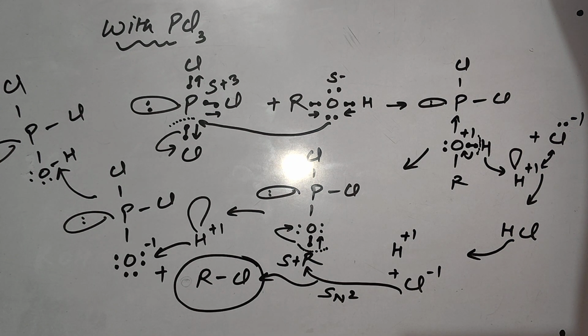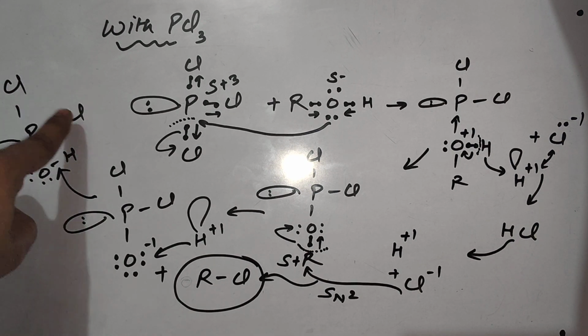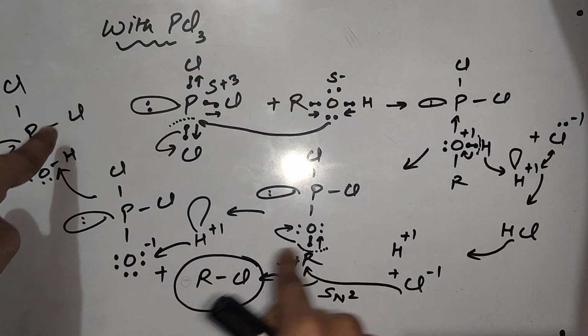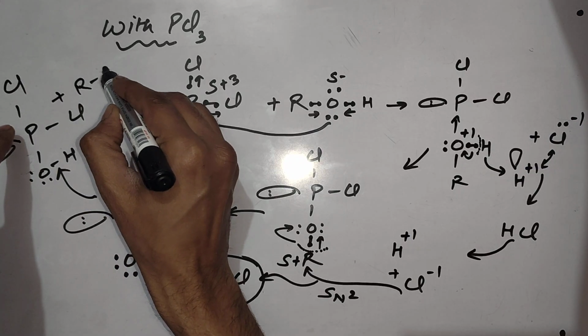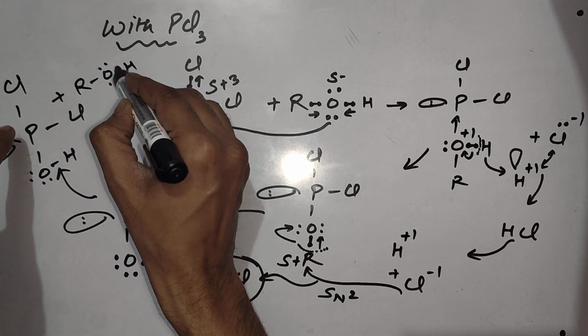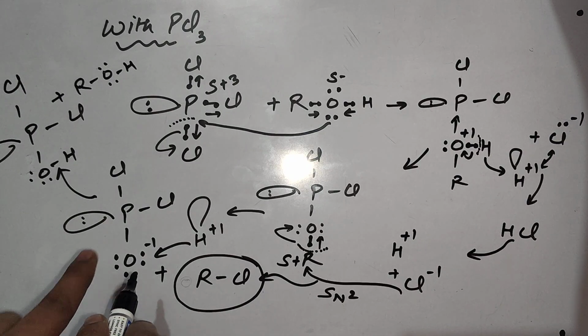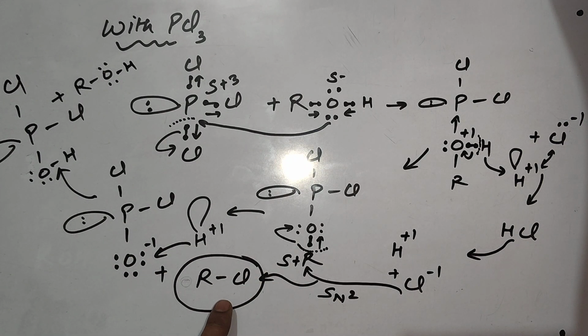But still two chlorines are available. You can check here. Now the same process will happen again with this molecule. Another ROH particle will attack it with the same procedure and another RCl will be generated. This was the first RCl molecule, now again a second RCl molecule.